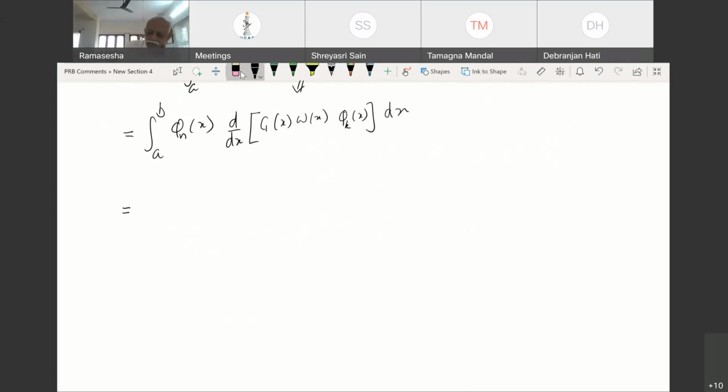This will be with a minus sign because it's integration by parts. And I have also used the fact that g satisfies the boundary conditions so that I can integrate it again.